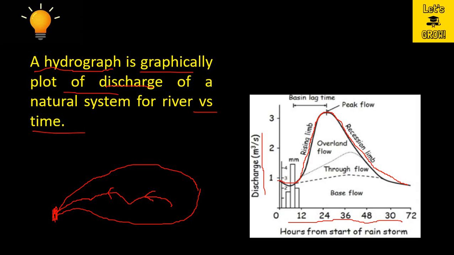Initially you measure the discharge at t equal to 0, and the discharge is 1 meter cube per second here. Now precipitation is happening, so the discharge will further increase.